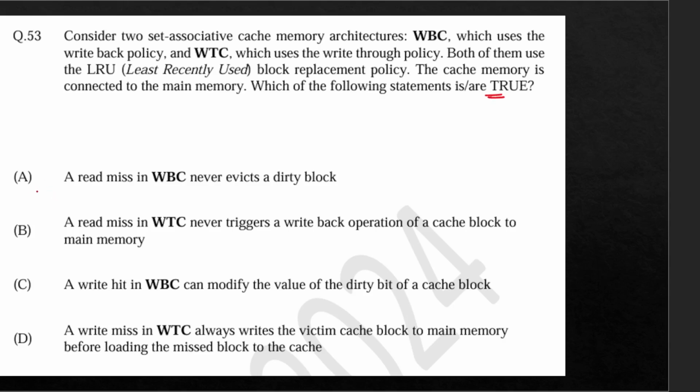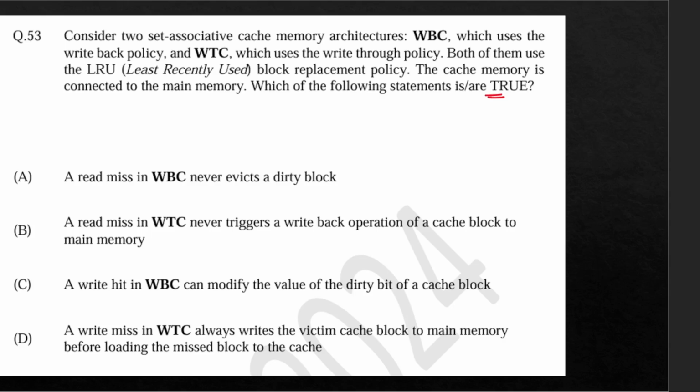So the first statement is: a read miss in the WBC, which is write back policy, never evicts a dirty block. So this is absolutely false. Why? Because when we miss accessing data in the cache, either by writing or reading, we can choose whether or not to add that missed data into cache.